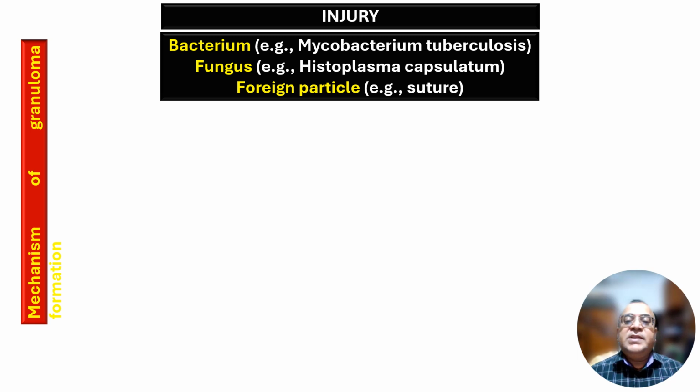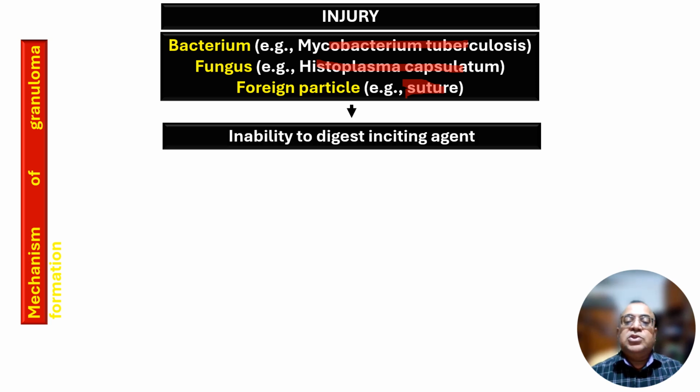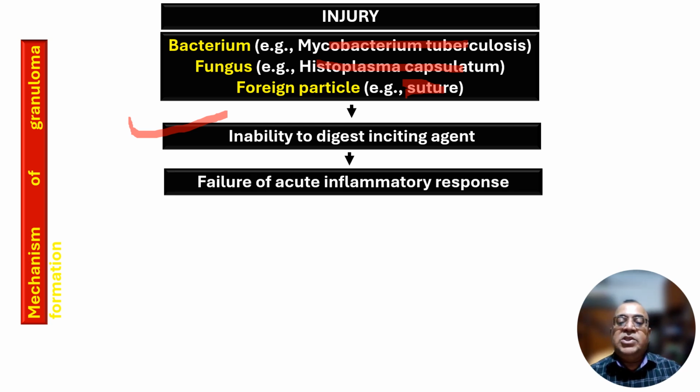Whenever there is injury by a bacterium such as Mycobacterium tuberculosis, a fungus such as Histoplasma capsulatum, or an indigestible foreign particle such as a suture, it leads to inability of the phagocytic cells to digest or clear away the inciting agent.